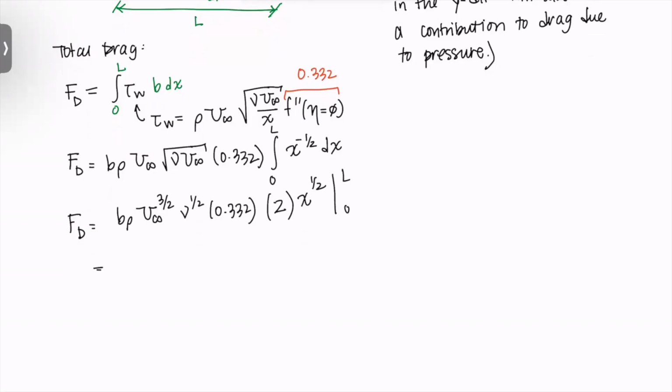Okay. Thank you. 1/2. Or sorry, the 2, so this is 0.664 now. And then I have square root of U infinity times nu times x. Oh, sorry, times L, because I evaluated that integral.